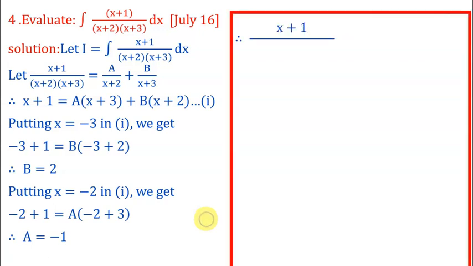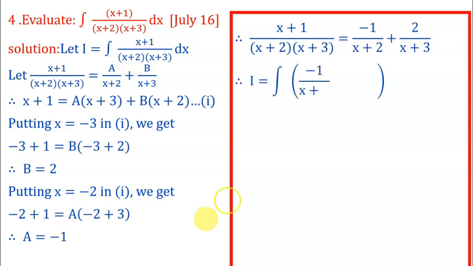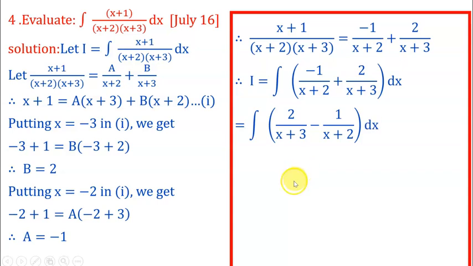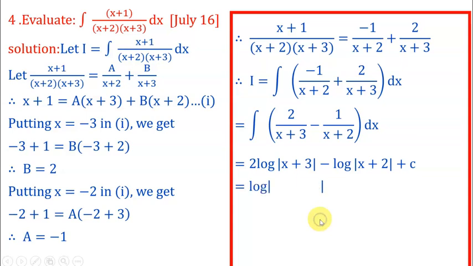Okay, therefore here again the simplification, simple integration. Okay, we will arrange this here, integral 2 upon x plus 3 minus 1 upon x plus 2. Integral is of the form log form, that is 2 times log of mod of x plus 3 minus log of mod of x plus 2 plus c.